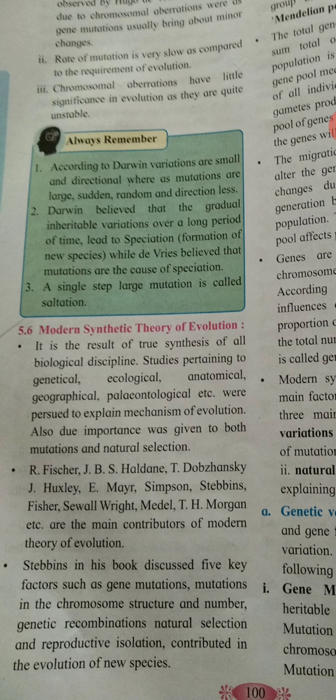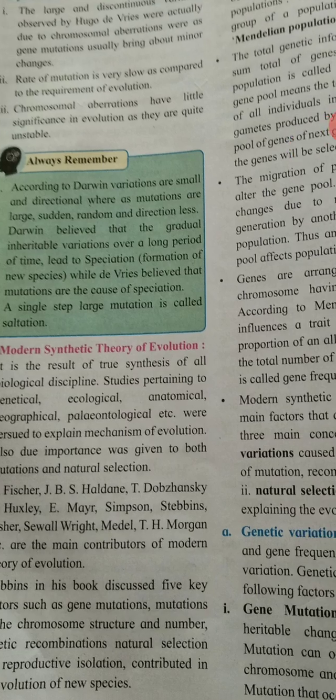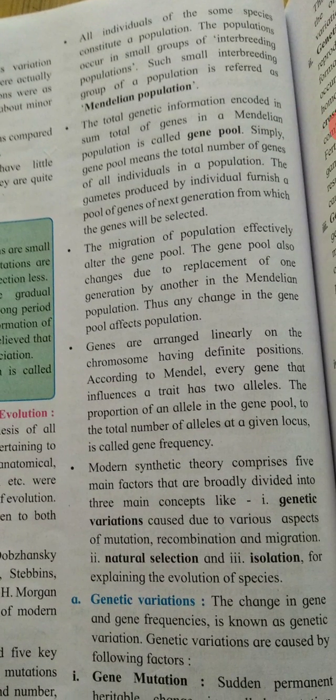Such small interbreeding groups of populations are referred to as Mendelian populations. The total genetic information encoded in the sum total of genes in a Mendelian population is called the gene pool.